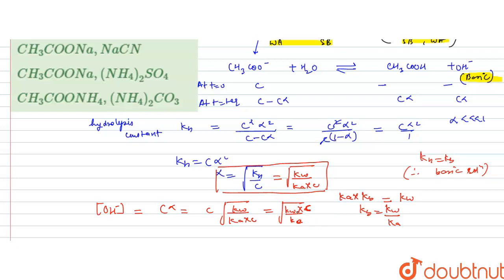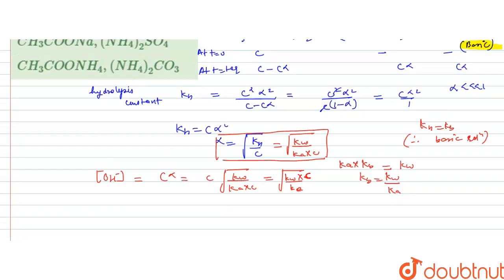But we have to calculate the concentration of the H plus ions. The H plus concentration into the OH minus concentration will be equal to Kw. So the H plus concentration will be Kw upon OH minus.